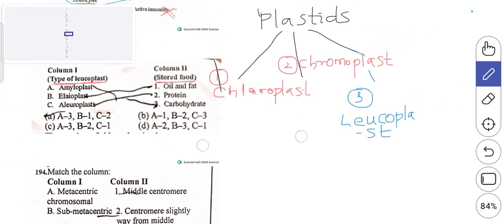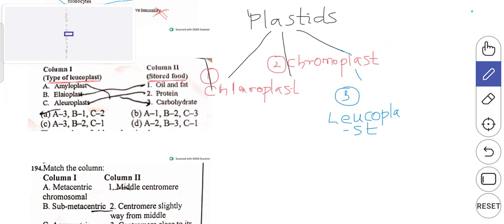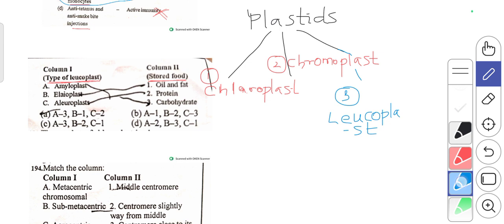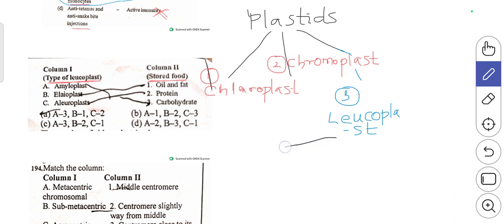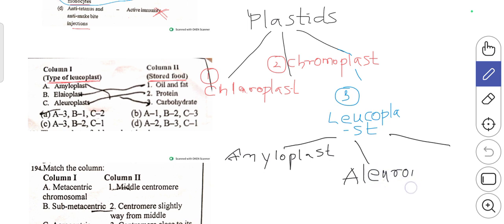This leucoplast again has three different types based on the storage. First one, amyloplast. Second one, aleuroplast. The third one, elaioplast.